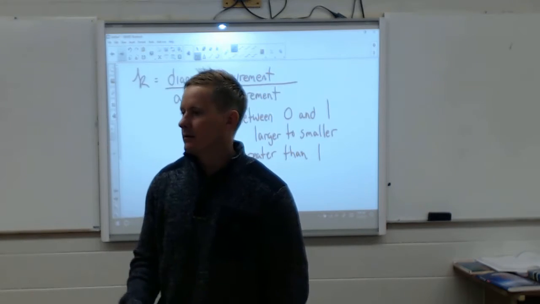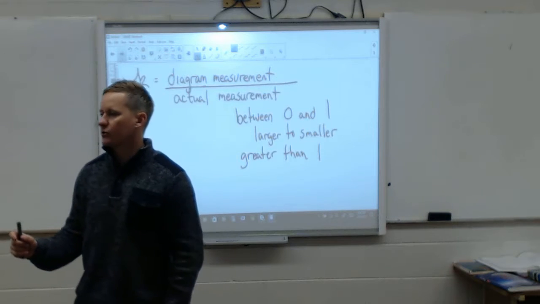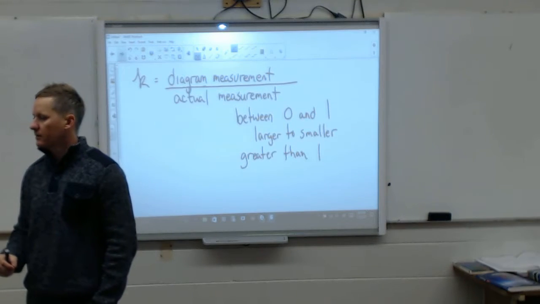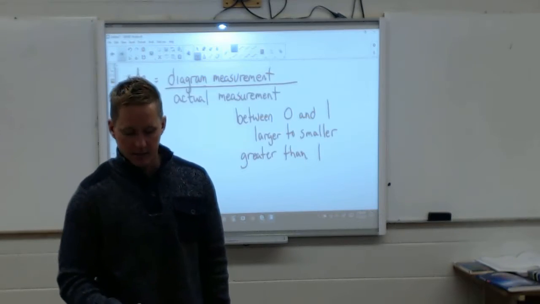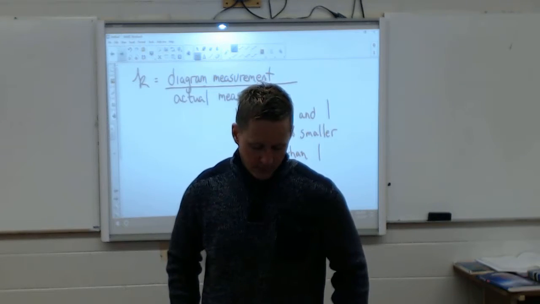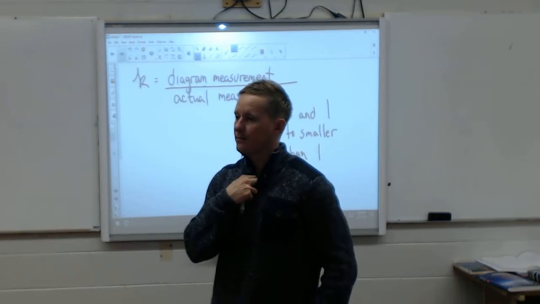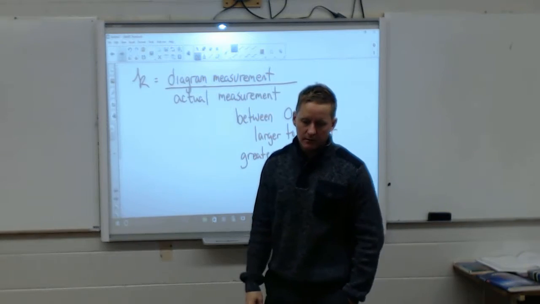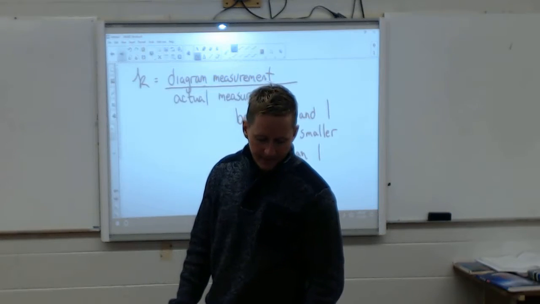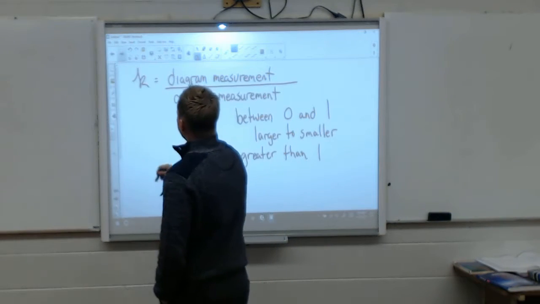So you're taking the size of an ant and drawing it on a piece of paper. Okay, and not to scale size, but bigger, larger size. All right? So that's important. You're going to want that on your cheat sheet.